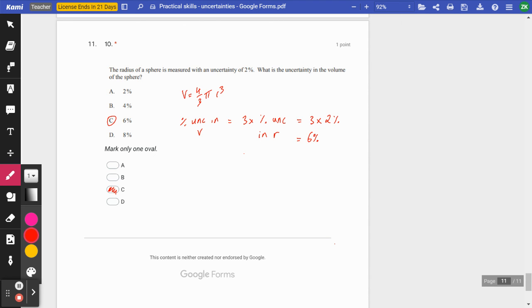So we know the volume of a sphere is 4 over 3 pi r cubed. From that formula, we can see that's a constant. Ignore the constant. So it's the percentage uncertainty in r times by 3, because the power is multiplied by the percentage uncertainty in r, and we get the percentage uncertainty in the volume as a result. So 3 times 2%, and that's 6%, and there's your answer.